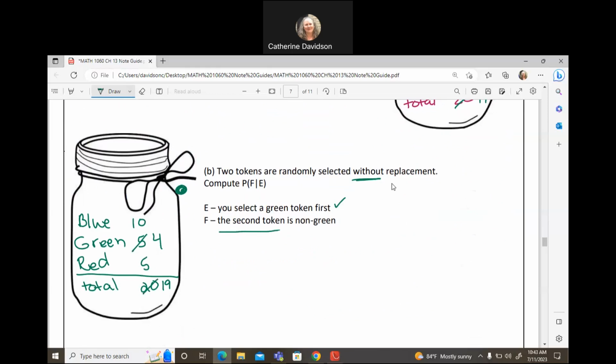The probability that the second one is non-green. So non-green would be red and blue. It's going to be 15 over the total in the jar, which is 19. So how it would read is the probability that you select a non-green token after you've selected a green token first. But I would do this little setup here, just write those out and change the composition of the jars.